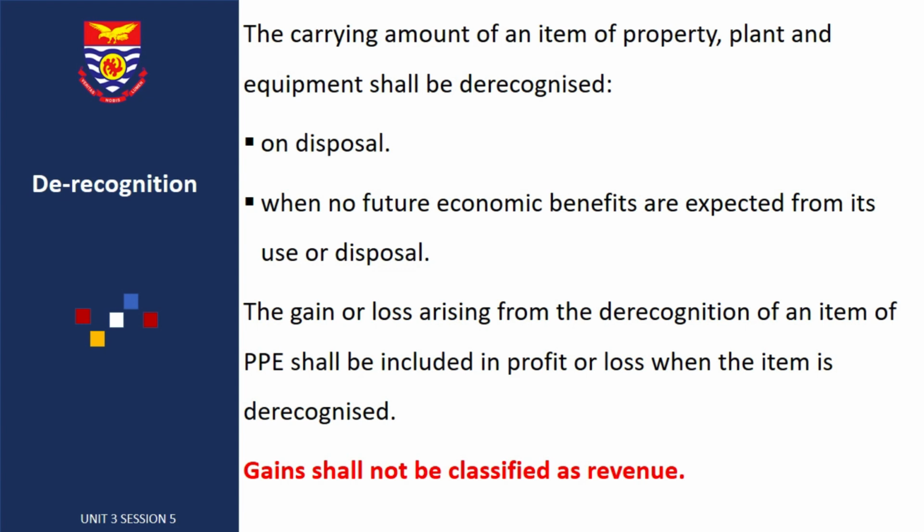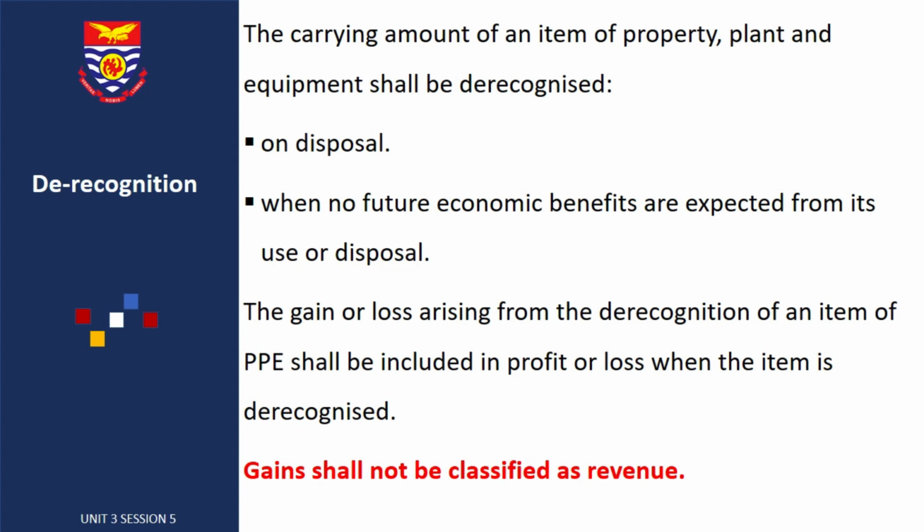So when we were defining what PPE is, looking at the recognition criteria, we said that it has to be able to generate future economic benefit. So if the asset can no more generate any future economic benefit from you using it, then you have to derecognize it from your books.